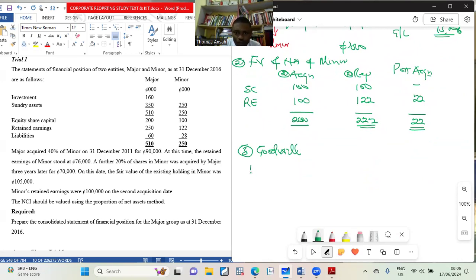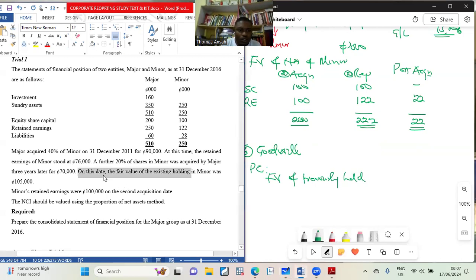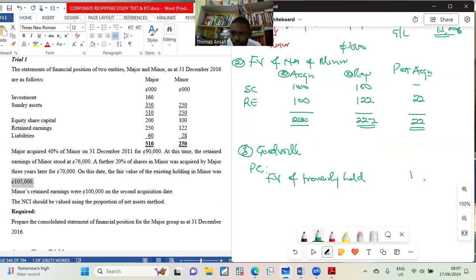So let's do the purchase consideration. How do we do that? The fair value of previously held interest. Now that interest is 105. All right, the fair value of the previously held interest is 105,000.